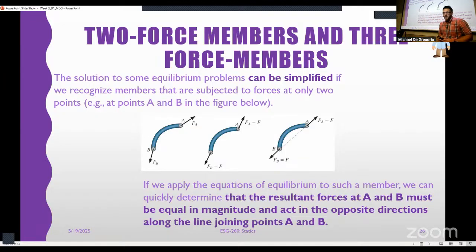All right, if we apply equations of equilibrium to such a member, we can quickly determine that the resultant forces at A and B must be equal in magnitude and act in opposite directions, along the line joining the points. So if you had a curved 2-force member and you were to pull on the ends, the force along the line of action that connects both of those forces is equal and opposite, right?